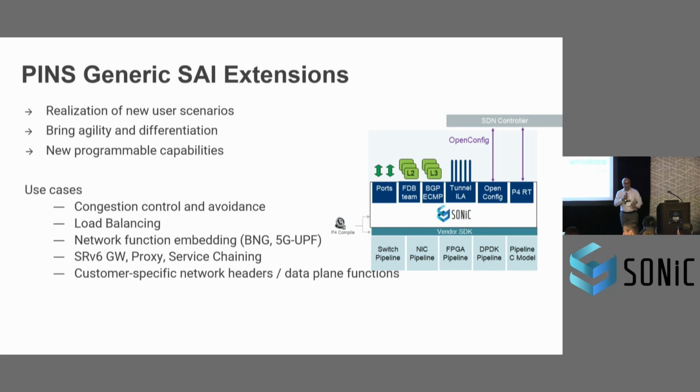And these use cases can come from pretty much any customer. As long as a SAI API is available or a generic extension can be added, we would be able to create and try out that pipeline. And that's important, an innovative use of the P4 program aspect of doing PINS.